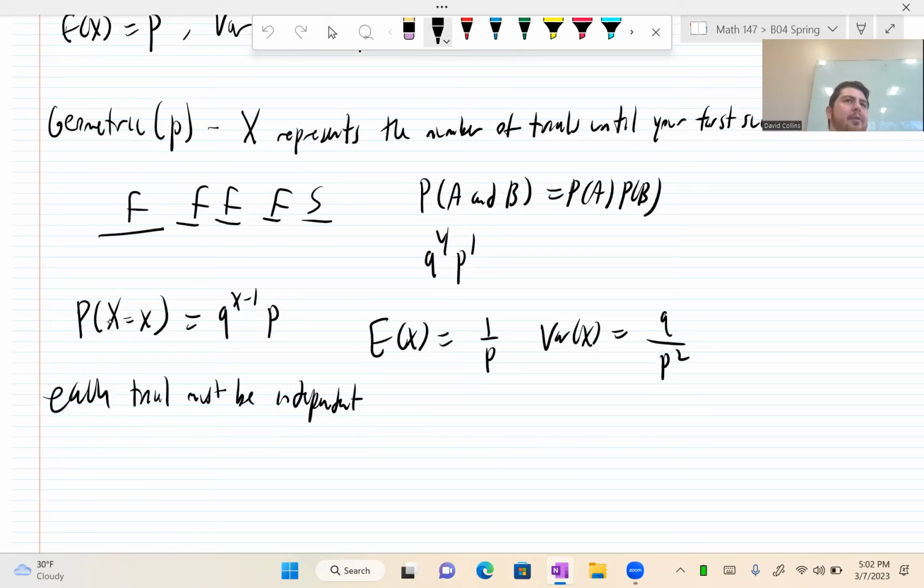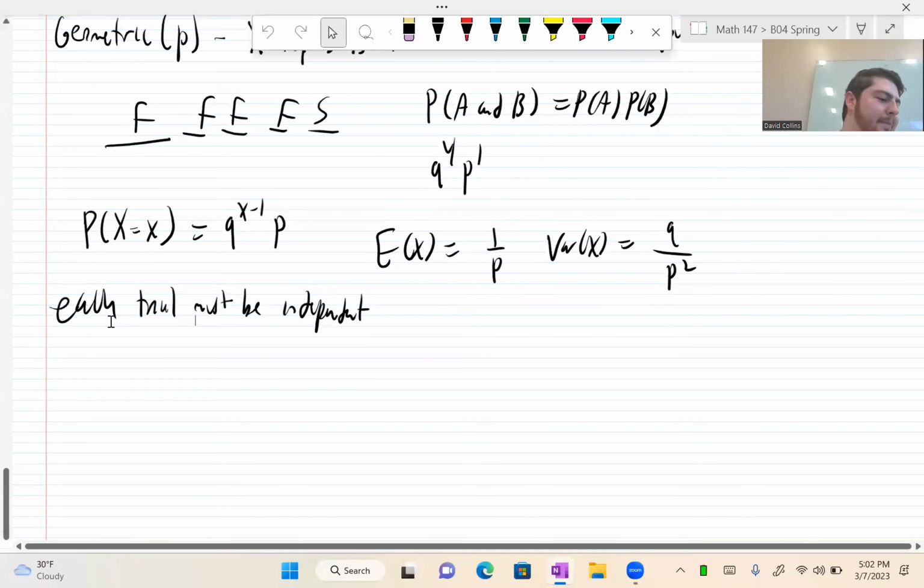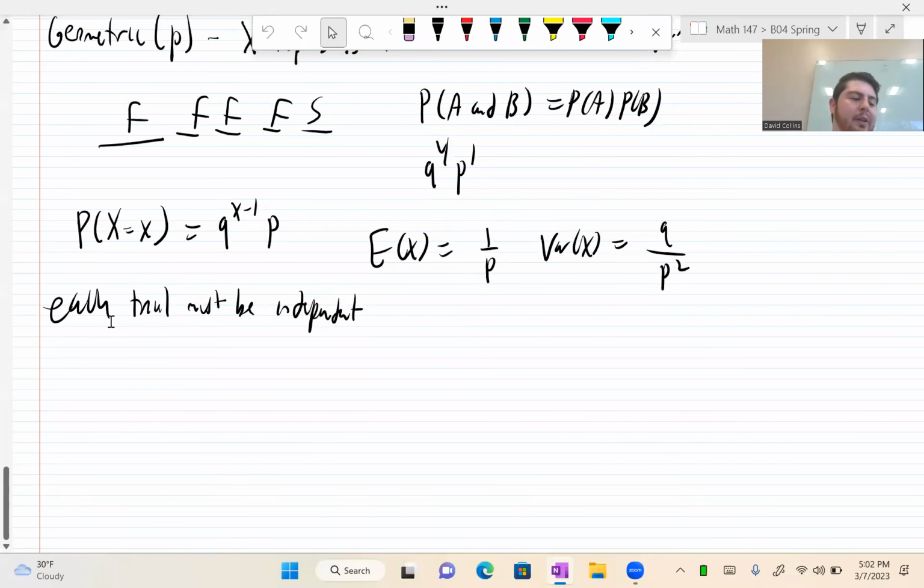Do you guys see what I mean? If you have 4 red marbles and 6 blue marbles, you have a probability of 0.4 to get a red. If you take one out and leave it out, that changes the probability every time, right? Because it'd be like 3 out of 9, 2 out of 8, 1 out of 7, stuff like that. That's called a hypergeometric. You don't need to know that. But each trial needs to be independent.